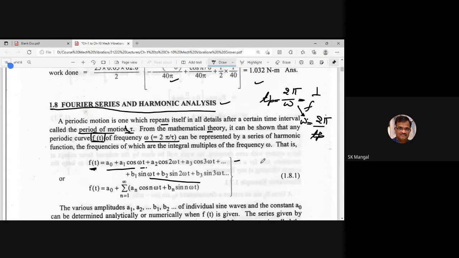So there are n number of cosine terms having n omega t frequencies starting from omega t, and then infinite number of sine terms having frequencies from omega to infinity, n omega. I can represent this complete series in summation form, where n varies from 1 to infinity.